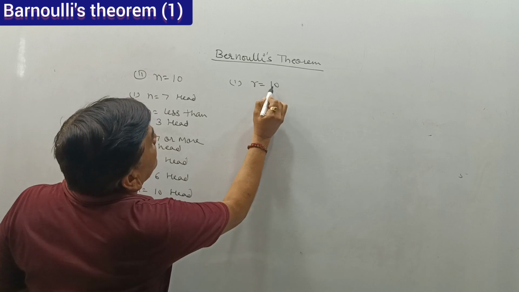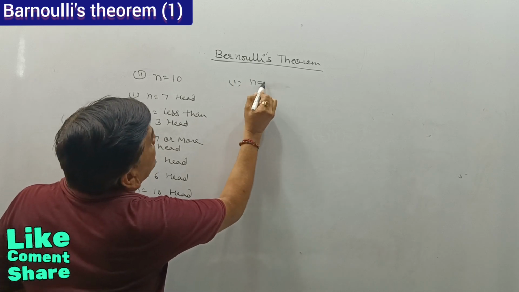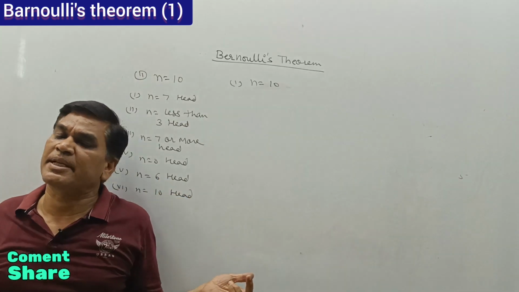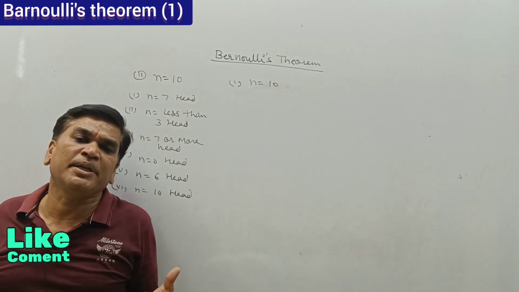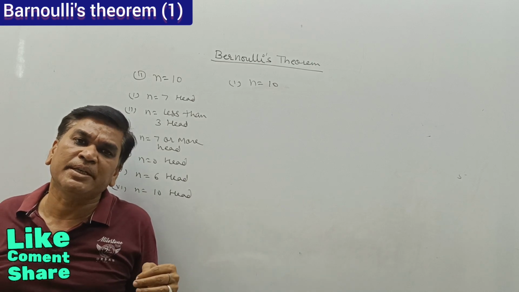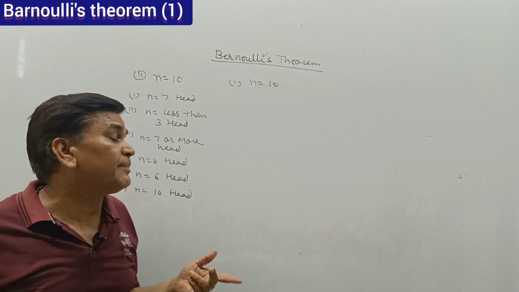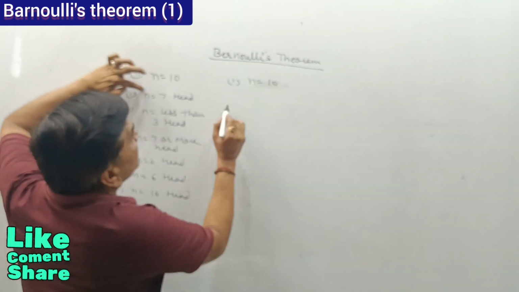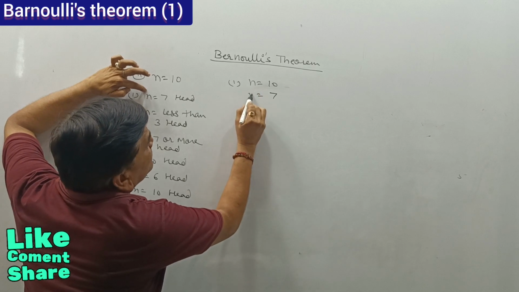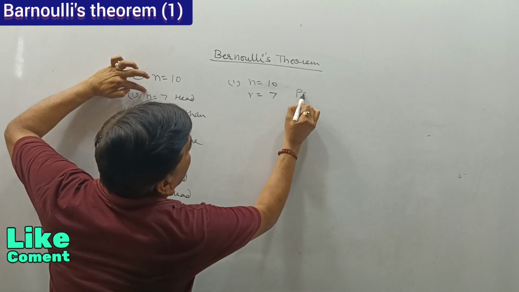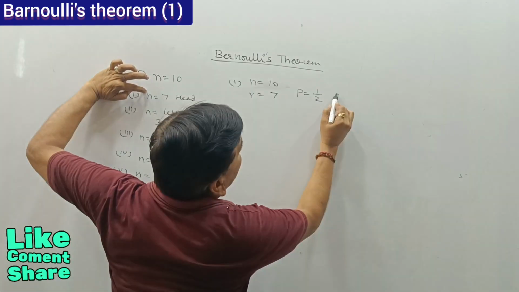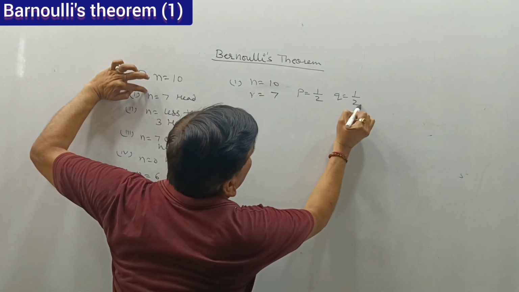n is 10, the number of repetitions of the coin is 10. It doesn't matter whether 10 coins are tossed simultaneously or one coin is tossed repeatedly 10 times. We are to get 7 heads, so r is equal to 7. For a coin, the probability of getting a head is 1 by 2 and the probability of not getting a head is 1 by 2.